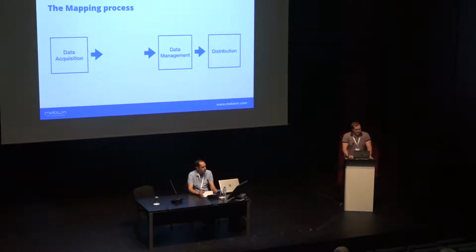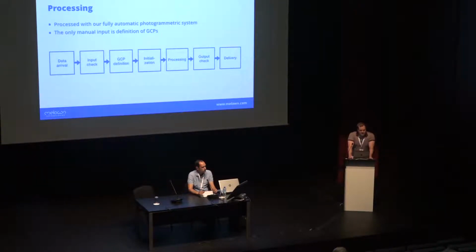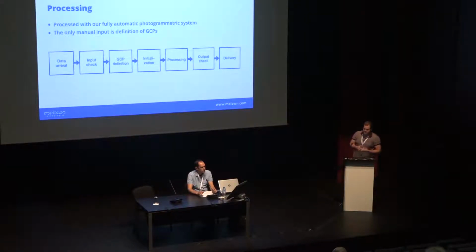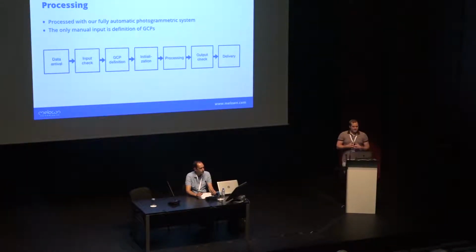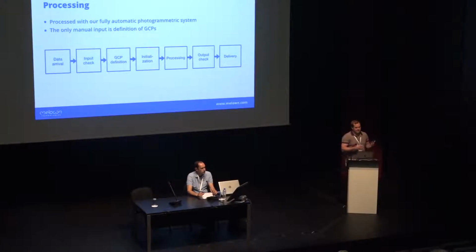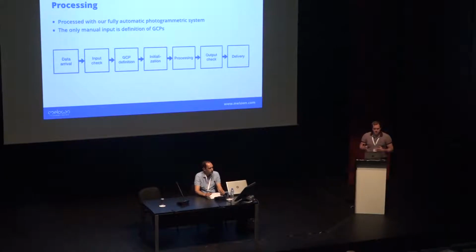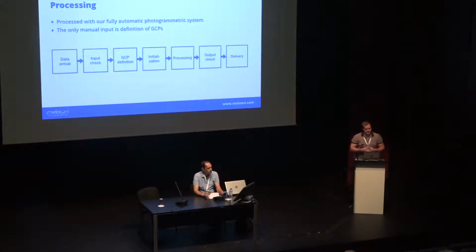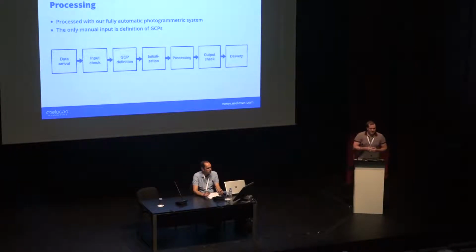Okay, let's look slightly into processing. The processing is done with our fully automatic photogrammetric system. The system creates all output data sets in a single unified process, so we have a digital surface model, orthophoto and true 3D map on output.